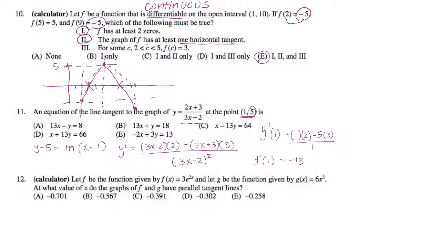It also looks like they've done some rearranging here. So we have negative 13 times x minus 1. So let's see, y minus 5 equals negative 13x plus 13. And we would have to add our 13 over. So we're looking for a 13x plus y. And so it looks like B is going to be the only option.